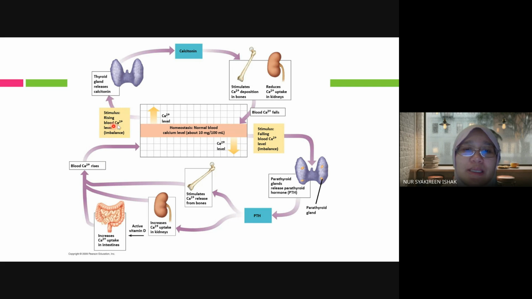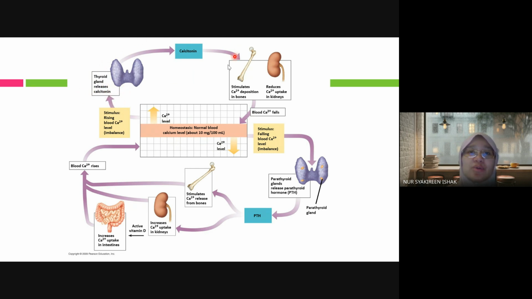Okay, so this is how the body regulates calcium level. Homeostasis lah kan, regulating internal factors, physical or chemical, at the normal set point. That is homeostasis lah. So in this case, it's the calcium level. There should be 10 milligrams of calcium per 100 ml of blood. If this level deviates from the normal set point, for example, if calcium level rises, this leads to imbalance, and it causes the thyroid gland to secrete calcitonin.